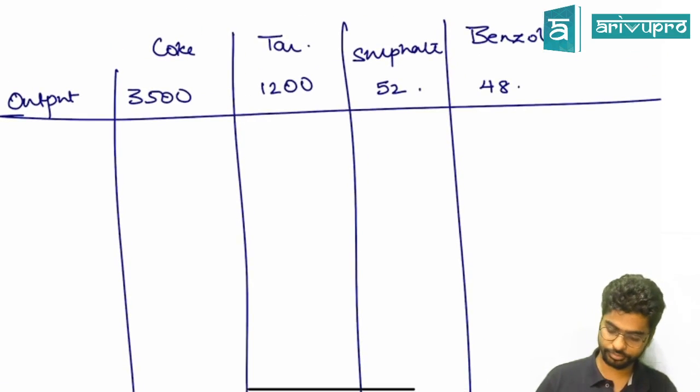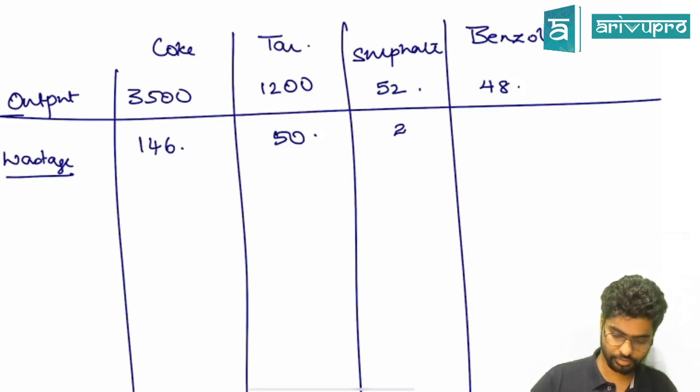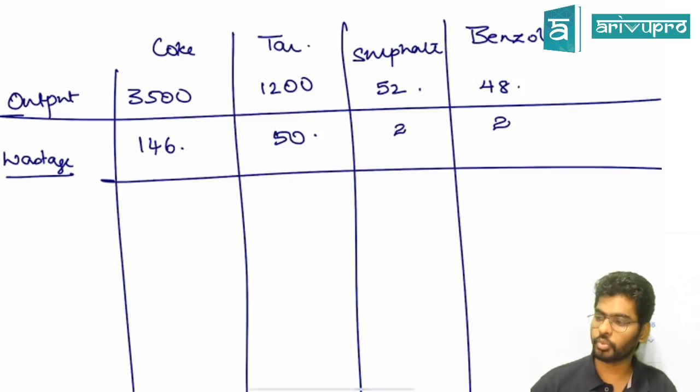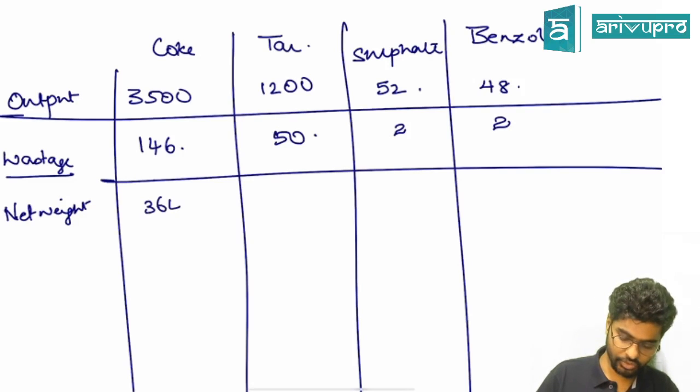In this, my wastage for coke is 146. So my net weight is basically 3,646.